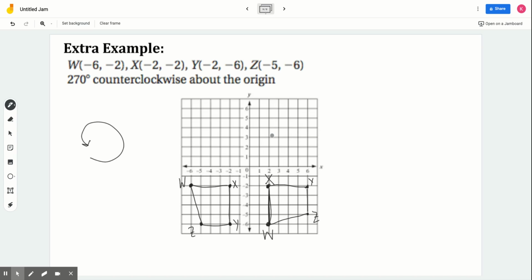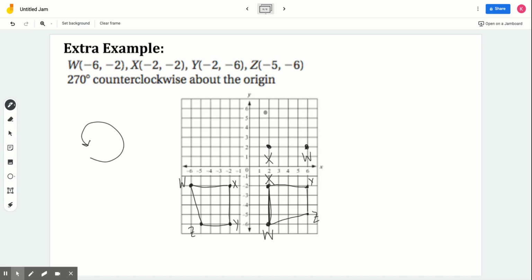I need to keep going again to be 180 degrees counterclockwise about that origin. So again, 2, 2, -2, so we're going to go to 2, +2, then across to 6, +2, so x and w.